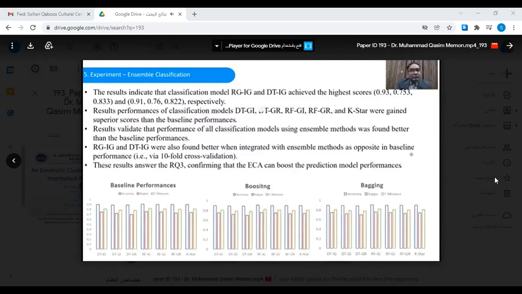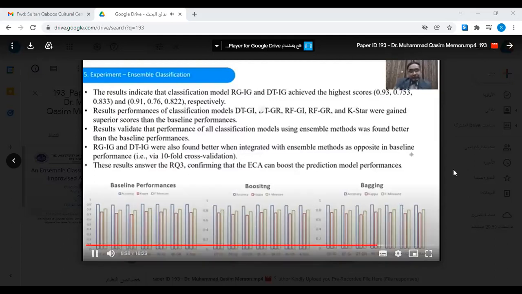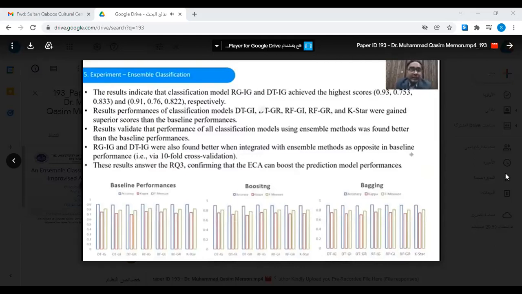Now we would like to show the effect of ensemble classification. The results indicate that classification models with random forest and decision tree achieved higher scores, and the classification models with decision tree, random forest, and K-star got superior scores than the baseline performance.